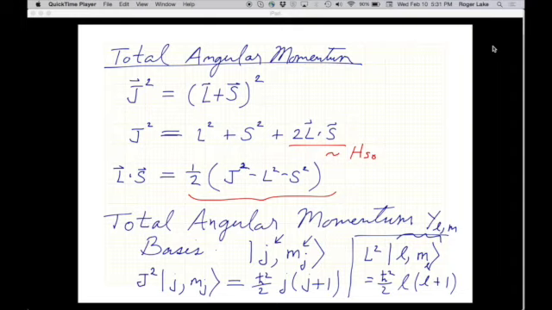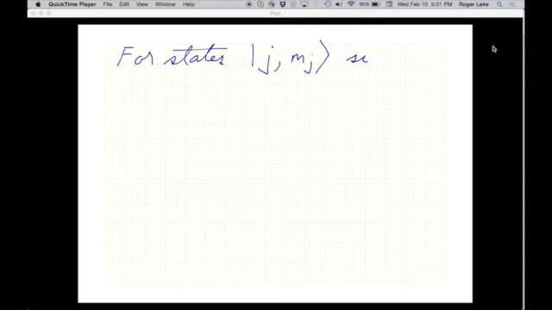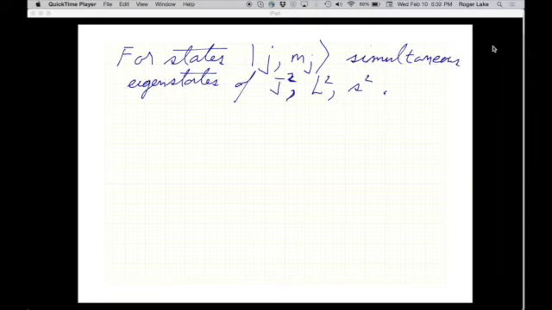These states, J m_J, which we're going to be using, are simultaneous eigenstates of J squared, L squared, and S squared, where J is your total angular momentum, L is your orbital angular momentum, and S is your spin angular momentum.